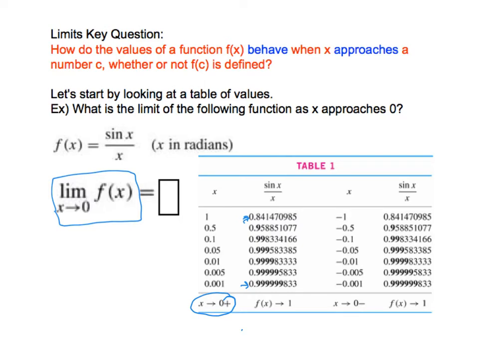If we do the same thing on the left-hand side, x approaching 0 with a negative sign means from the left. Same idea, we start at -1 and work closer towards 0, and those sine x over x values also get to 0.99 repeated. So the conclusion is that the behavior of the function, the y's, approach 1. The function is not defined at the ordered pair 0, 1, but the limit does exist and it approaches 1.